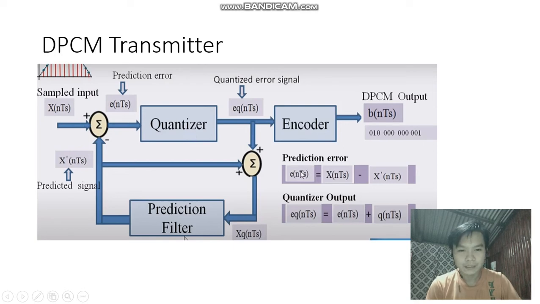So the prediction error is e(nTs) = x(nTs) - x'(nTs). Then the quantizer output is eq(nTs) = e(nTs) + q(nTs). Then it goes to the encoder, and from the encoder it goes to the DPCM output.